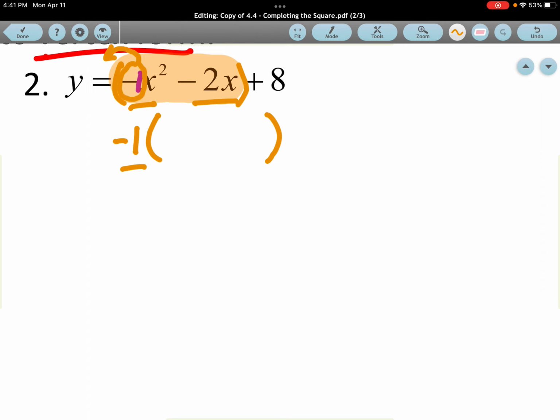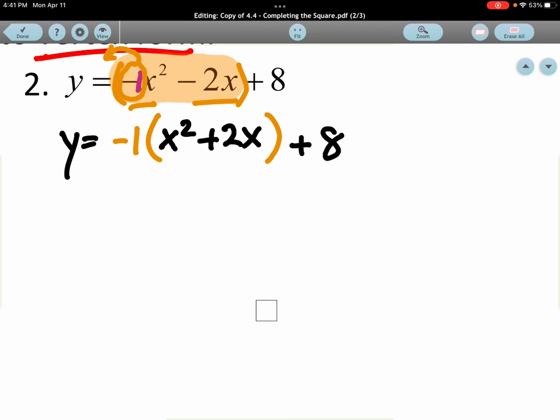I know they can both be divided by x, but we actually really need your bracket to start with an x squared. So you can't take the x out. I really need that x squared to be there. Now the -2x divided by -1 is going to leave a positive 2x. So that's an additional step that we didn't have to do before.